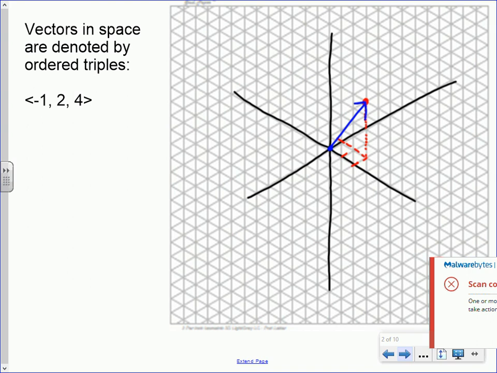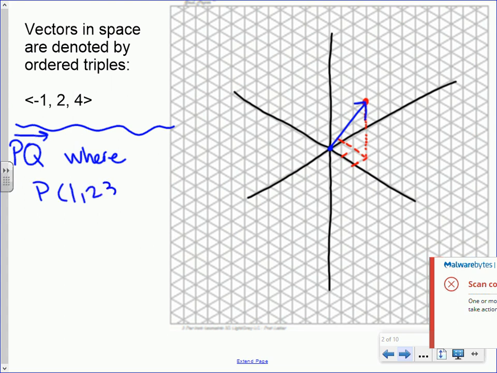Okay. Now, remind me, if I have the vector PQ, where P is the point 1, 2, 3, and Q is the point -2, 0, 5, how do I calculate PQ?